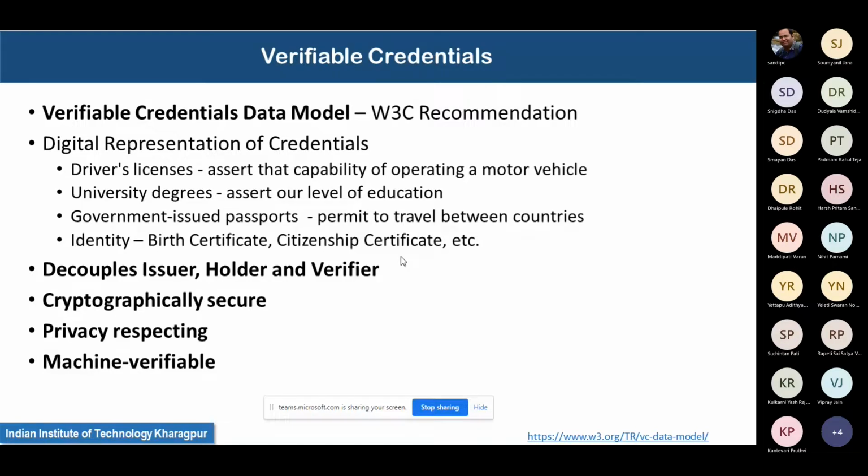And very importantly, it tries to maintain a standard schema for each such VC. So for a driver license, there could be one schema; for a university degree, there could be another schema, and so on. And then, based on that schema, which would be known to the verifier also, this machine verifiability property can be ensured for the VCs.